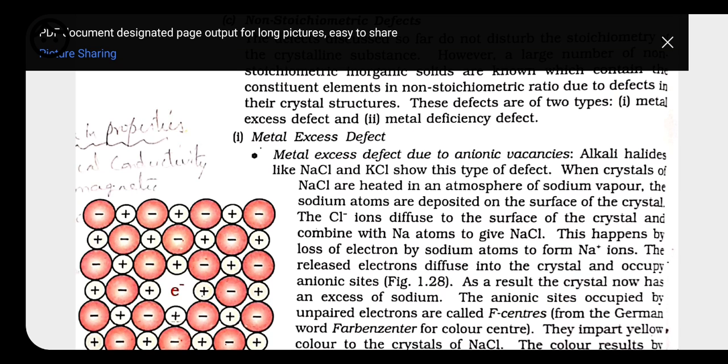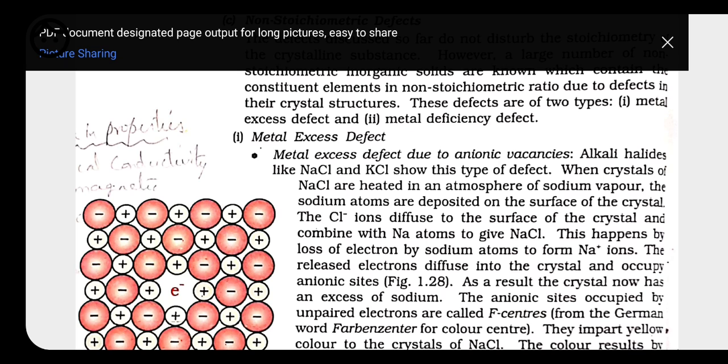Here once again I will take an example like sodium chloride. If we heat sodium chloride in an atmosphere of sodium vapor, look at the structure here: negative, positive, negative, positive. The negative sign represents chlorine and the positive sign represents sodium. What happens here?